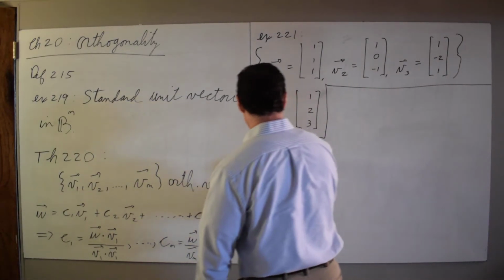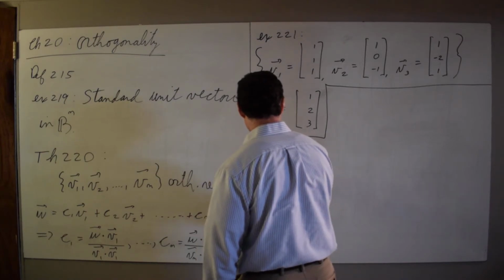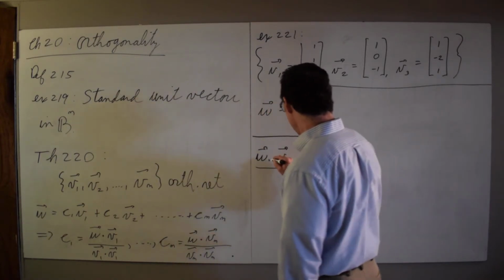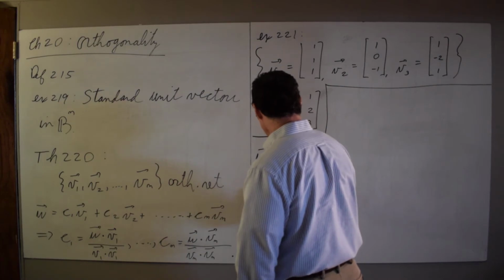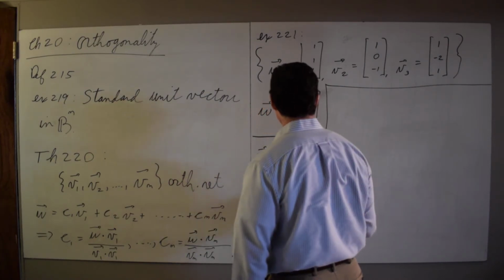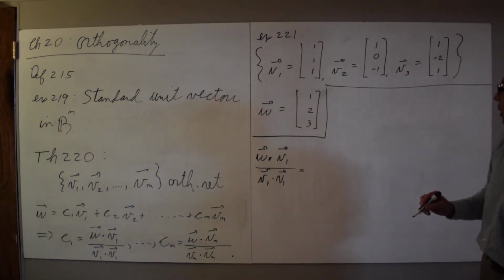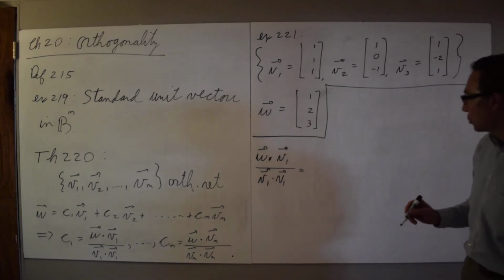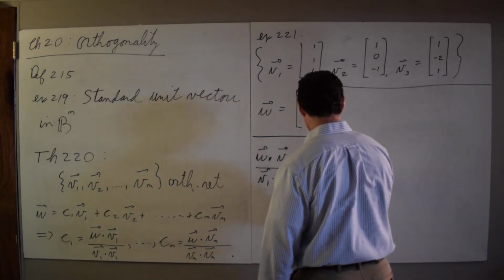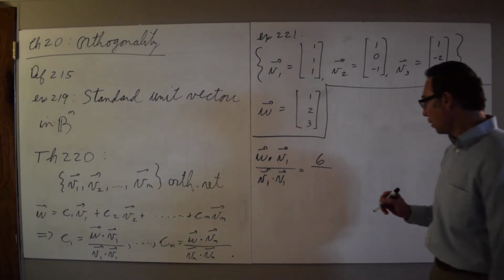So the dot product of W with V1, divided by the dot product of V1 with itself, is what? Well, what's the dot product of W with V1? It's 1 plus 2 plus 3, divided by the dot product of V1 with itself, which is 1 plus 1 plus 1.